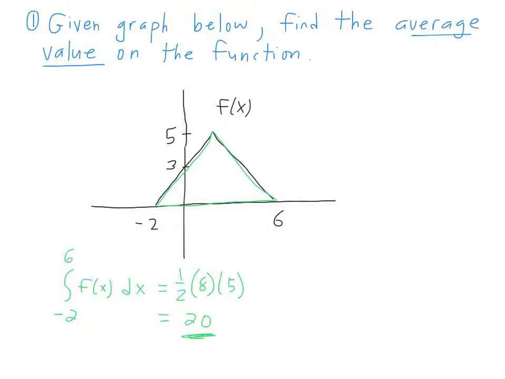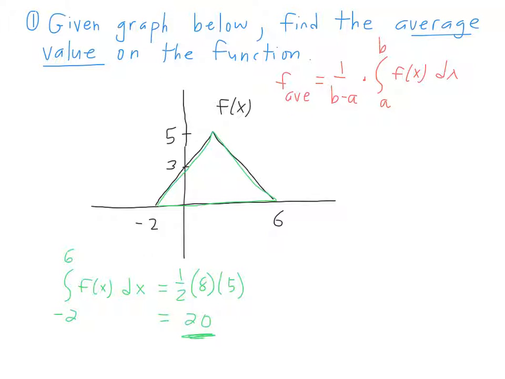What we're trying to find is the average value. Recall that average value is equal to 1 over b minus a times the integral from a to b of f of x dx. We know that the exact area is 20.